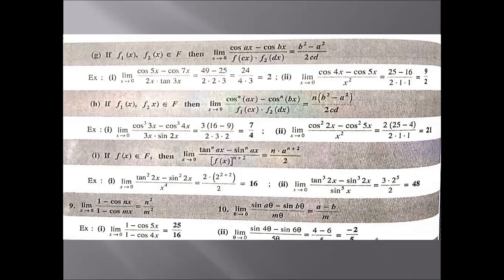Limit theta tending to 0 of sin a theta minus sin b theta divided by m theta is equal to a minus b by m. For example, limit theta tending to 0 of sin 4 theta minus sin 6 theta divided by 5 theta is equal to 4 minus 6 divided by 5. The answer will be minus 2 by 5.